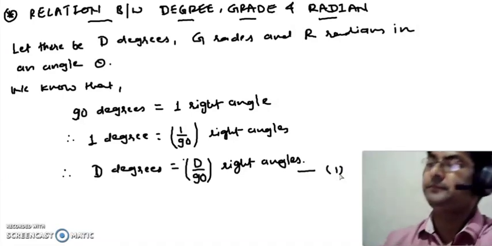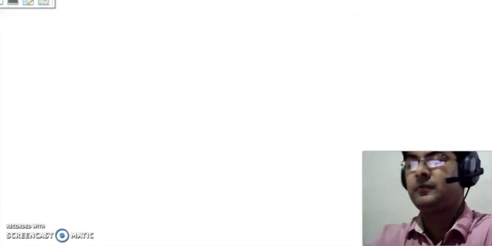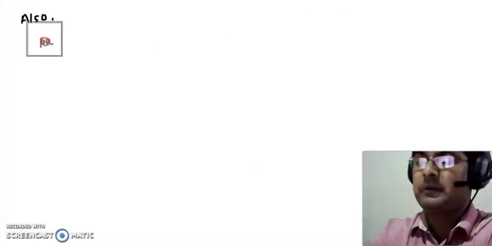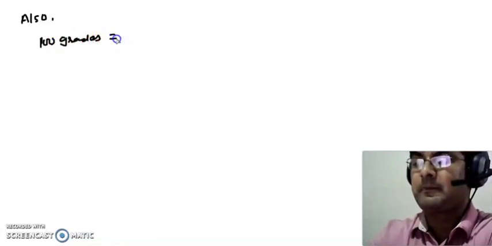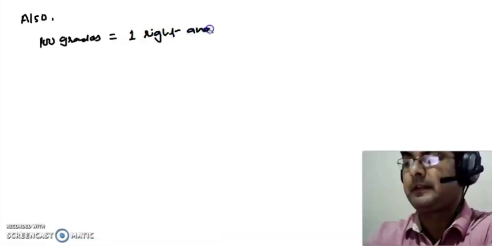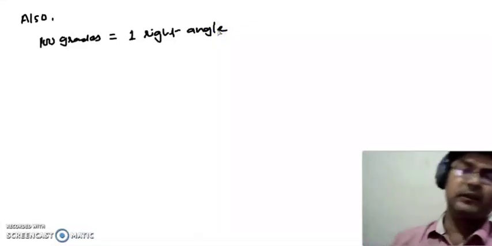Okay, again, we know that there are 100 grades in one right angle. Yes or no? One right angle can be divided into 100 equal parts.